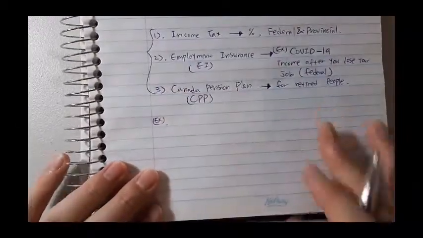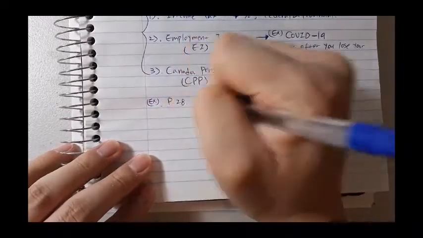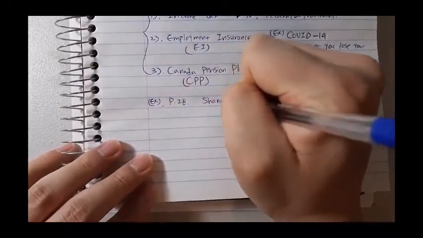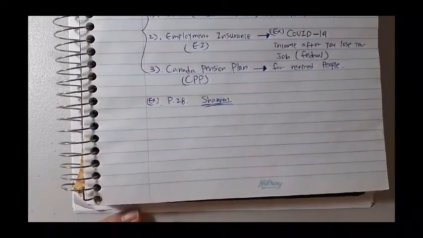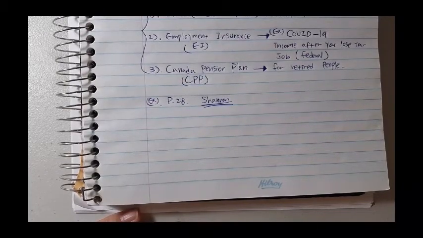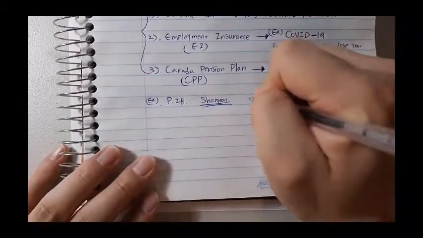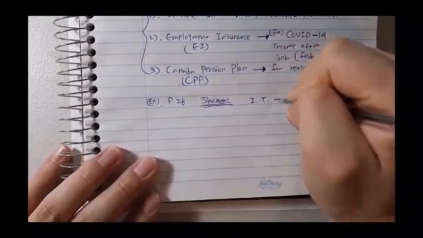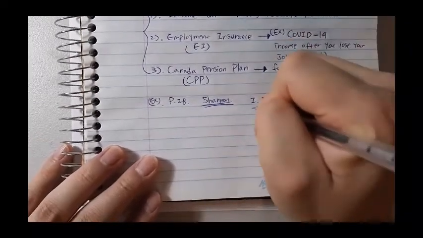Let's do another example. It is located on page 28 again. It's Shannon's example. Shannon is a manager of a sporting goods store earning $770 weekly. Calculate her standard deductions. There are several types of deduction. Income tax is 15%.